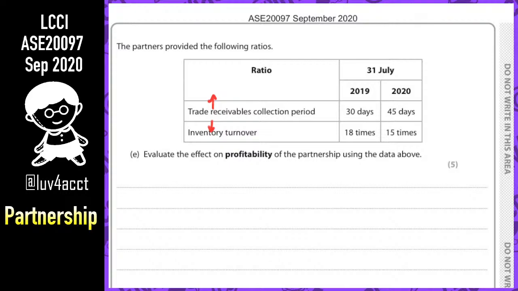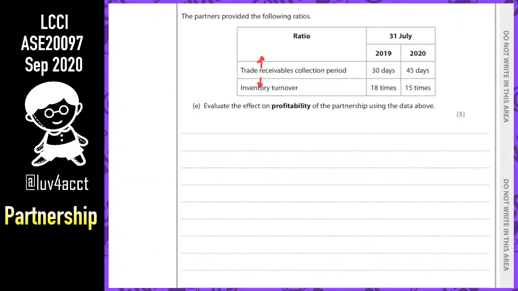So again, we will look at 2 ways, whether profitability will be improved or it will be deteriorated. And then make a conclusion of it, 5 marks.